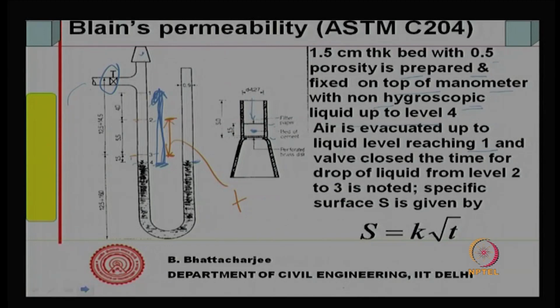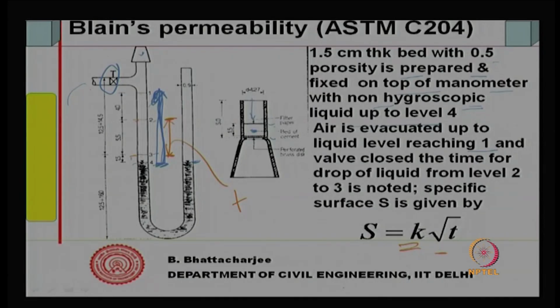There is a long empirical formula, we need not look into that, but this is proportional to k under root t. You can understand physically, if you have a larger surface area, then there is more friction offered to the flow of air, because from here to here you have actually pumped the liquid up.